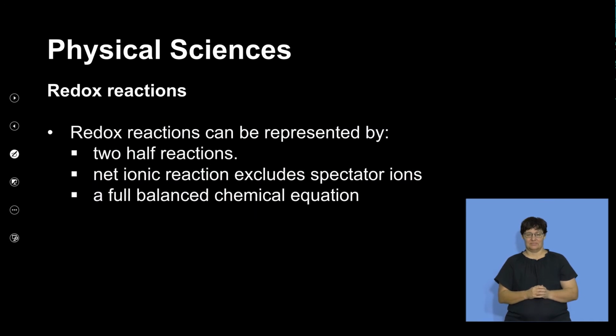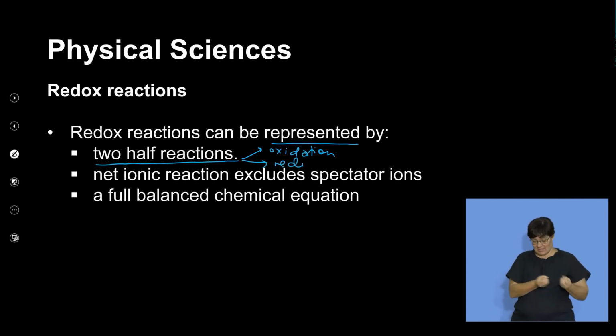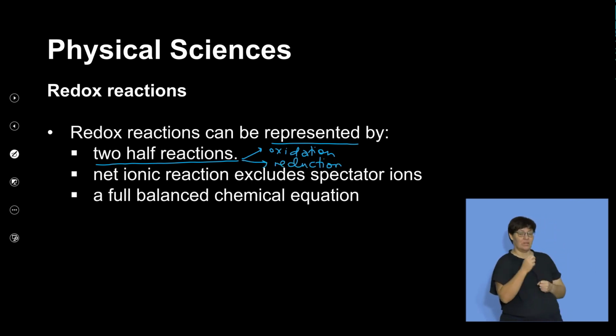At the back of our mind, we also need to remind ourselves of what is important in terms of representing these redox reactions. In representing redox reactions, we need to have two half reactions, which is the oxidation, which has to do with the loss of electrons, as well as the reduction. So we call these half reactions.